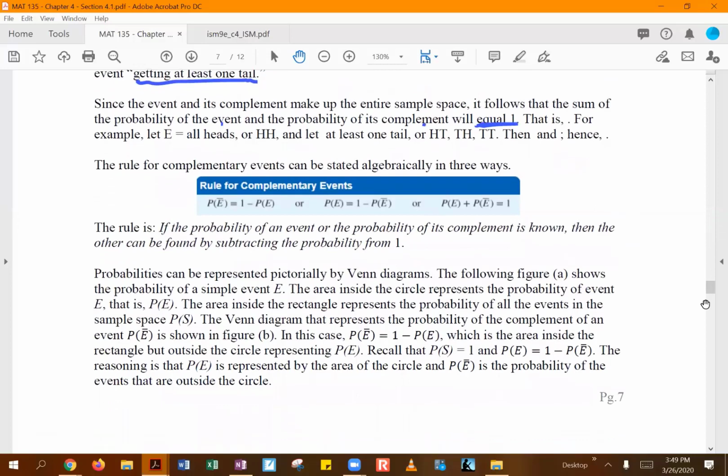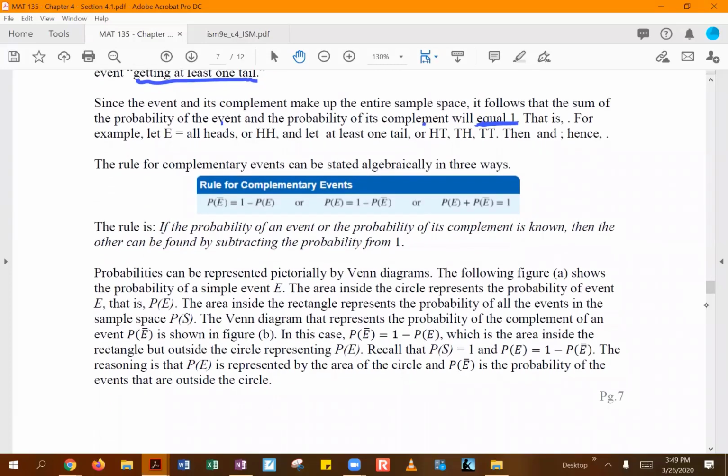If you use that idea, you can come up with this rule for calculating your complementary events. To find the probability of your complementary event, you can do 1 minus the probability of the event itself. Or if you know the probability of the complementary event, then you can do 1 minus the probability of the complementary event to get the probability of the event.